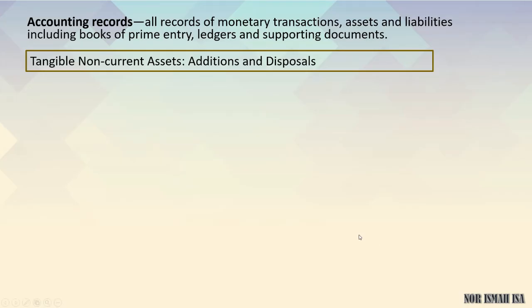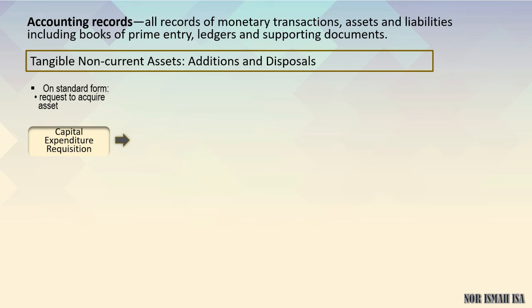Lastly, the transactions of tangible non-current assets, relating to additions and disposals. In order to purchase assets, a business needs to prepare a capital expenditure requisition document stating the purchase of the non-current asset, and then the purchase is done by placing an order.